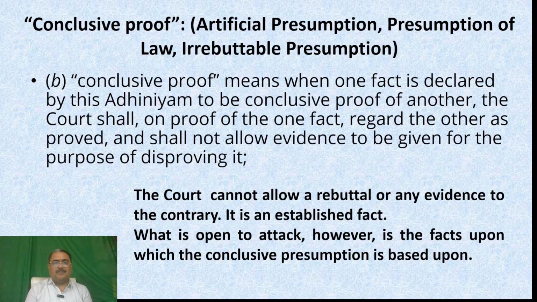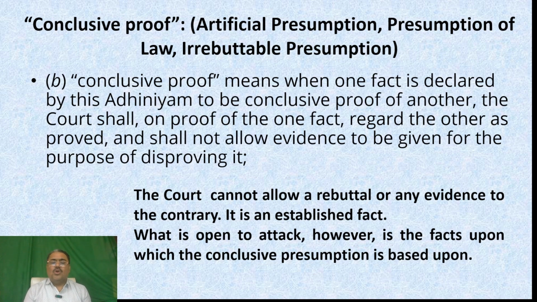So conclusive proof implies that when one fact is declared by this Adhiniyam to be conclusive proof of another, the court shall, on proof of one fact, regard the other as proved and shall not allow evidence to be given for the purpose of disproving it. When the words conclusive proof are used, the court has no other option but to consider such fact as proved, and the court will not allow any evidence to be given for the purpose of disproving it.